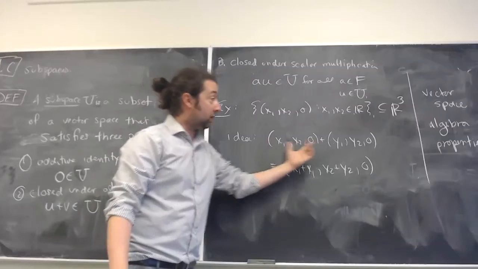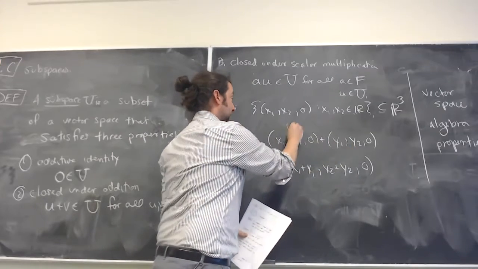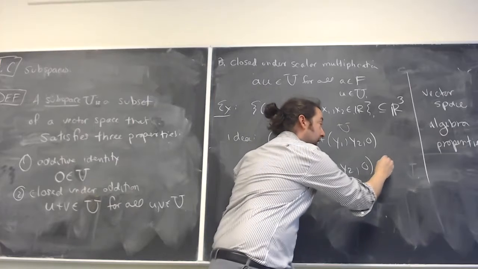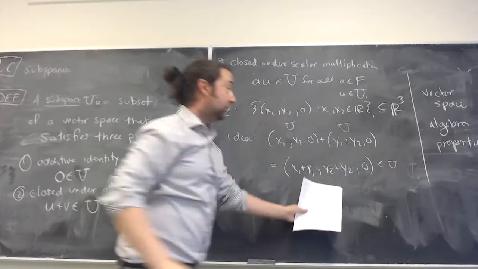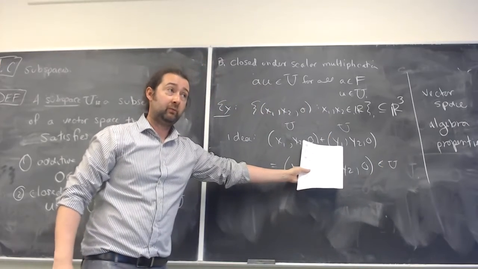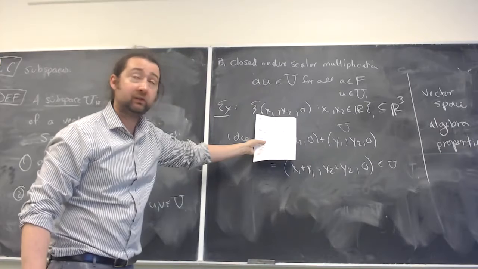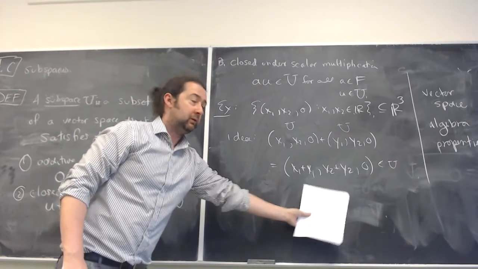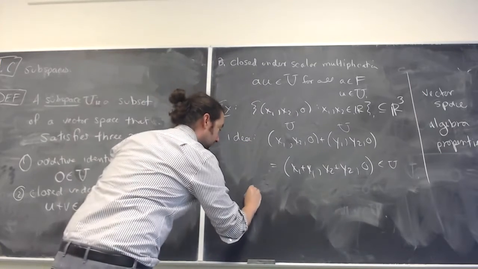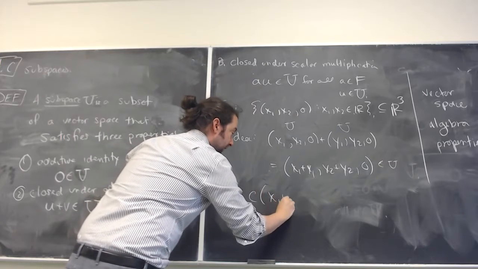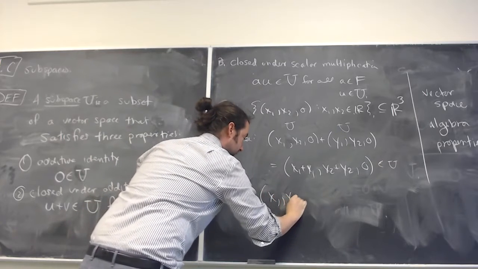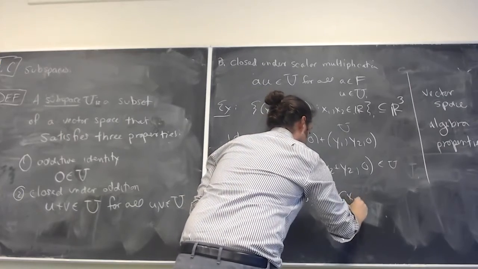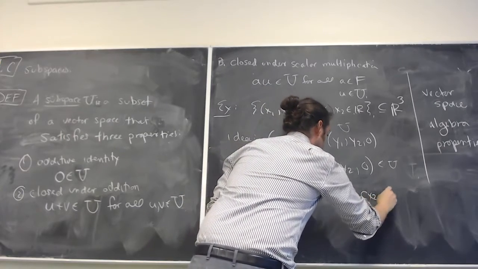You start with two objects in U. This is in U, this is in U, and you add them together, and the thing that comes out the other side has the same structure as the things you started with. Whatever it was you used to specify the subspace is still true of the result. Likewise, if you took some constant and multiplied it by something in U, that's just going to be cx1, cx2, 0.